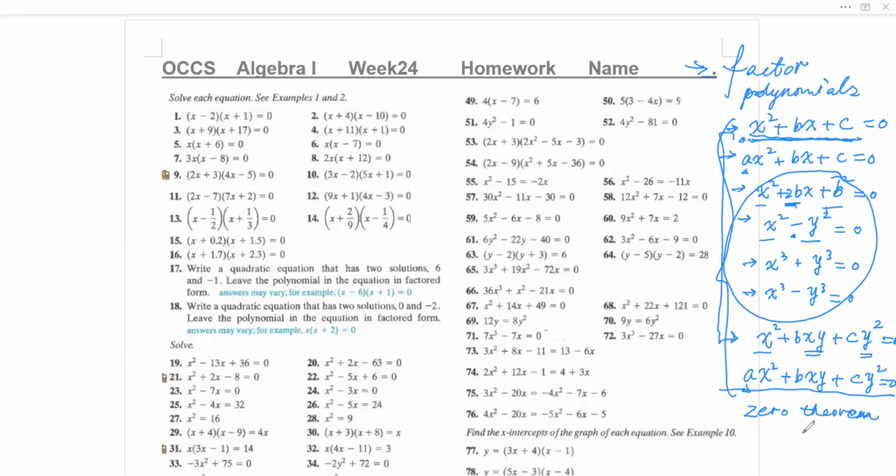Factor them into a first factor, second factor, 2 factors or multiple factors, and they equal 0.